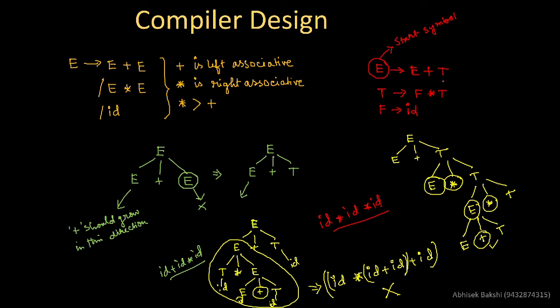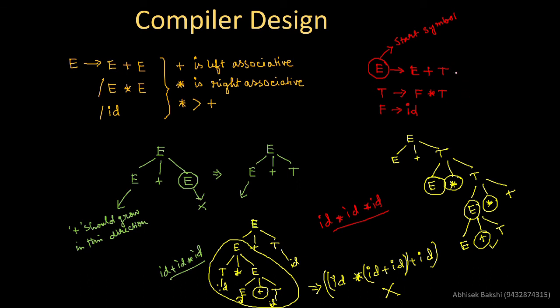That means we must give a provision to bypass this particular production rule, right? That is why it should come in the plus, in the star.